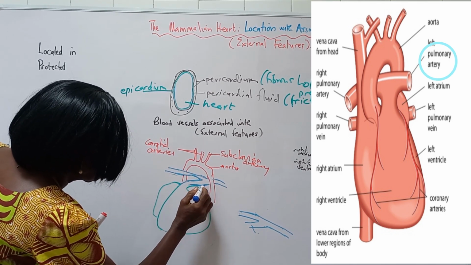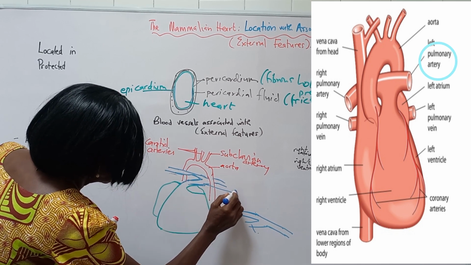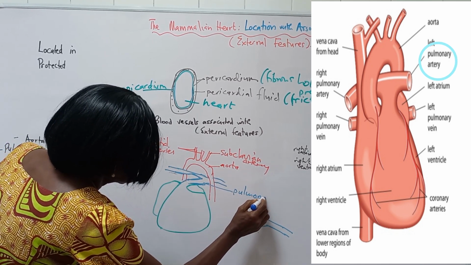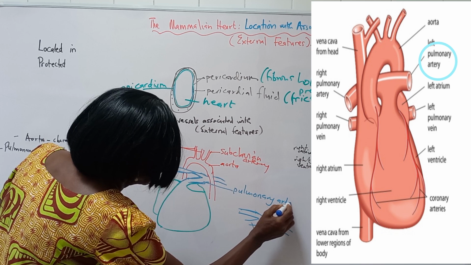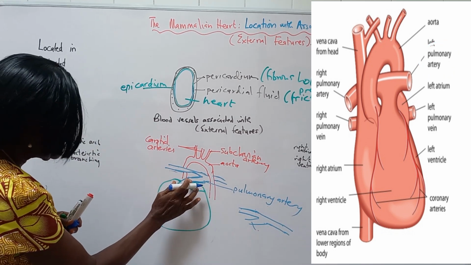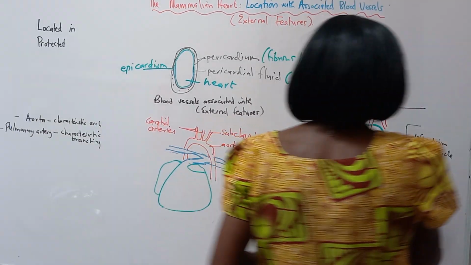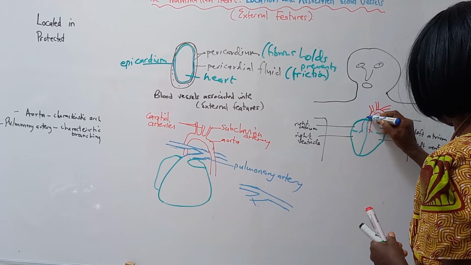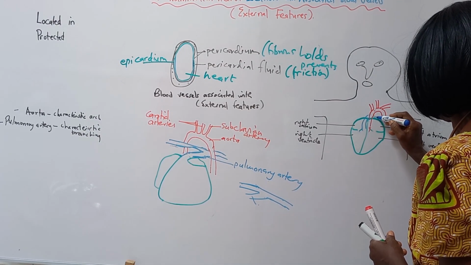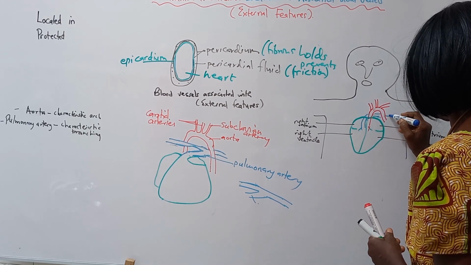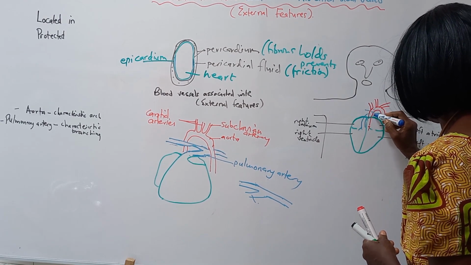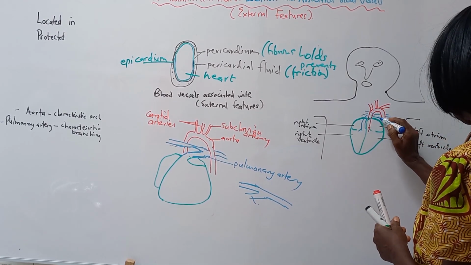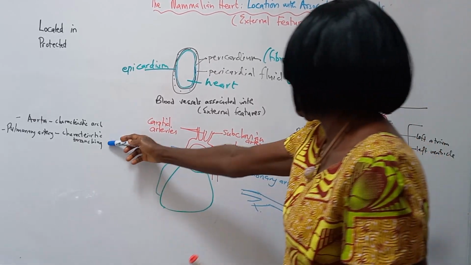So this is the pulmonary artery, containing deoxygenated blood. It comes from the right ventricle and goes beneath the aorta. A branch of it will come here and a branch of it will go this way. That is the pulmonary artery, characteristic branching.